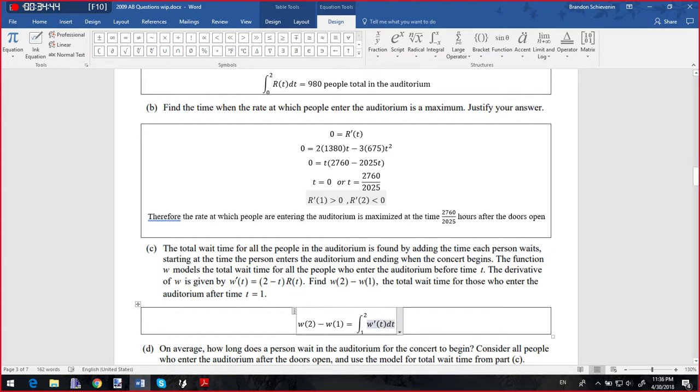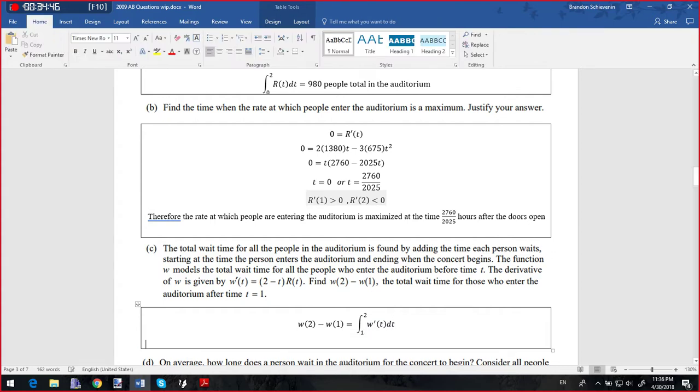If I integrate this function, I would end up plugging in my upper bound and then subtracting my lower bound. So it'd end up getting W2 minus W1.